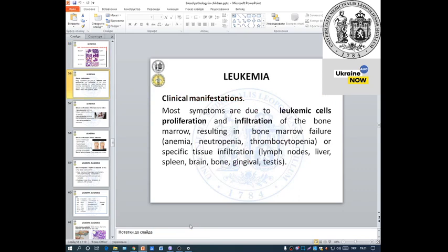Most symptoms of leukemia are due to leukemic cell proliferation and infiltration of the bone marrow, resulting in bone marrow failure, anemia, neutropenia, thrombocytopenia, or specific tissue infiltration: lymph nodes, liver, spleen, brain, testes.